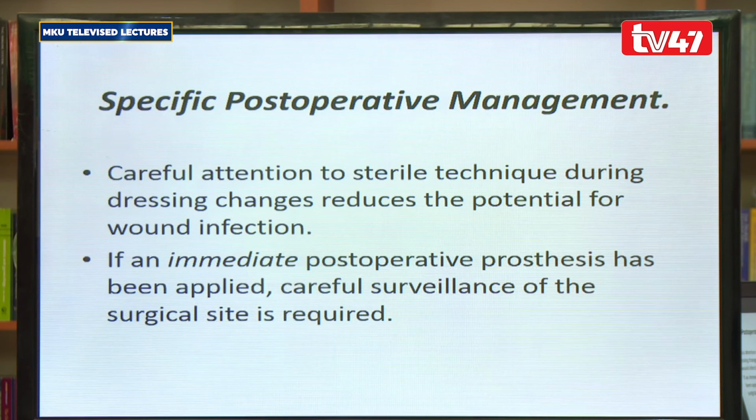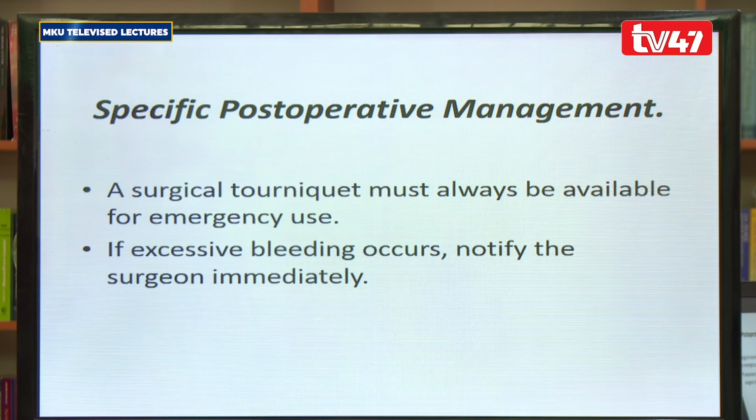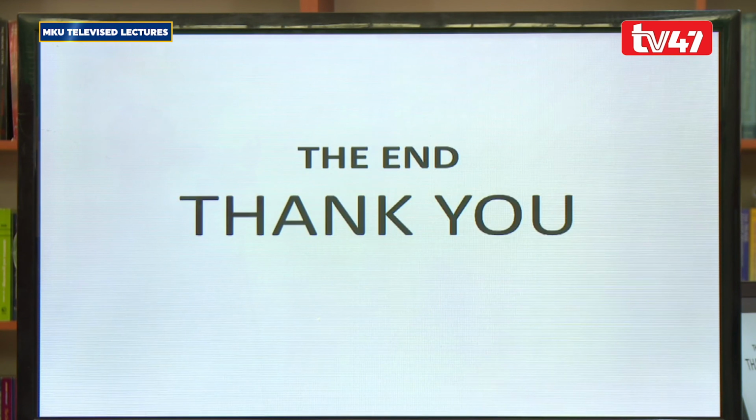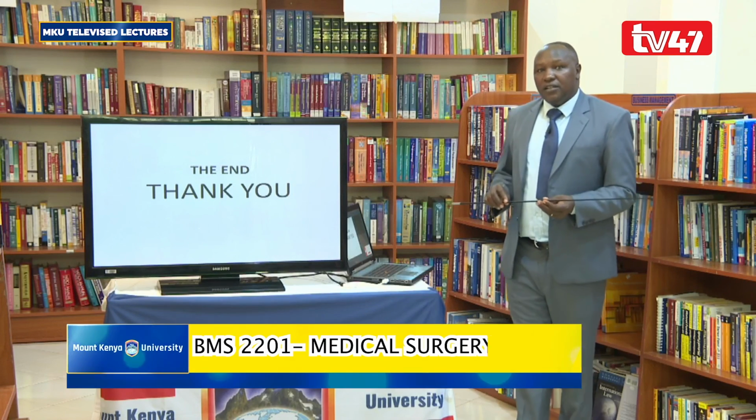This would not be good for the patient. Sometimes the patient may have a tourniquet, though this is on rare occasions. But when the patient has a tourniquet, it is your responsibility to keep checking on the perfusion around the area of the tourniquet.